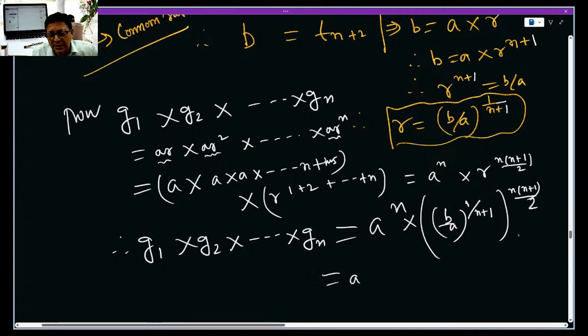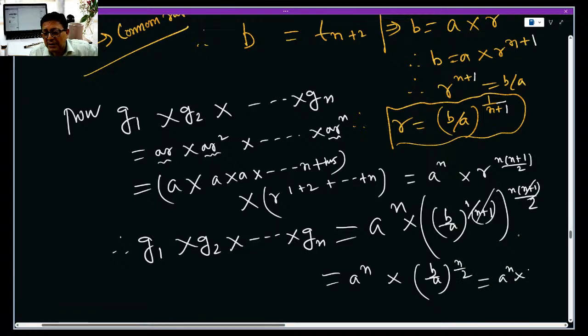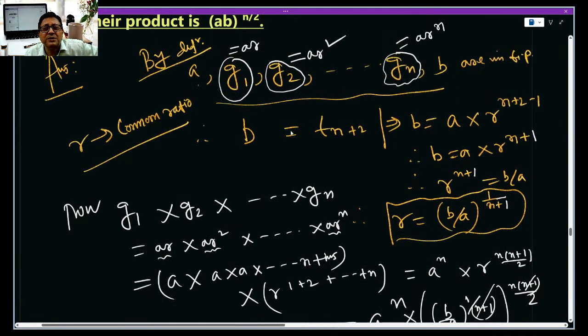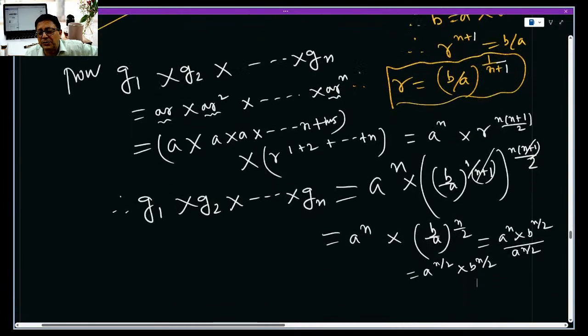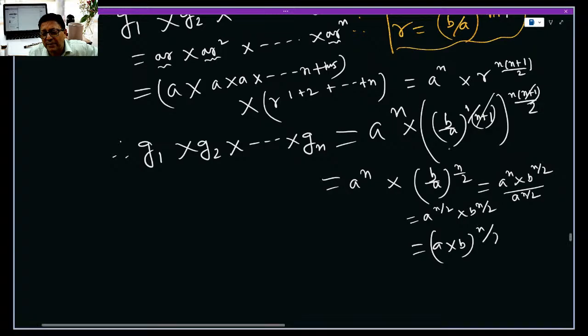Am I correct? 1 by n plus 1, n into n plus 1 by 2. This n plus 1 gets cancelled. Isn't it? Check whether we have got or not. We have to get (AB) to the power n by 2. See, it's coming. A into B to the power n by 2.